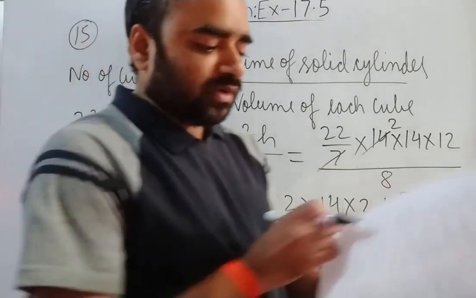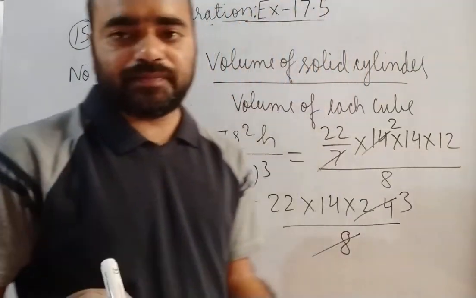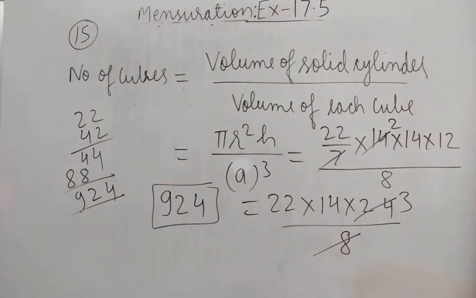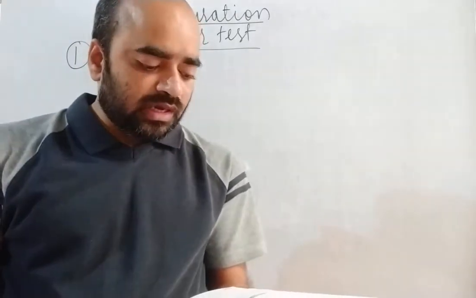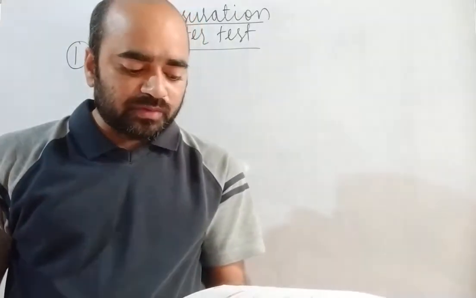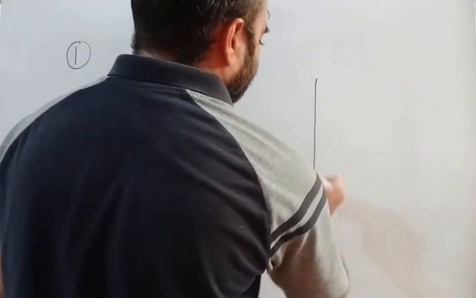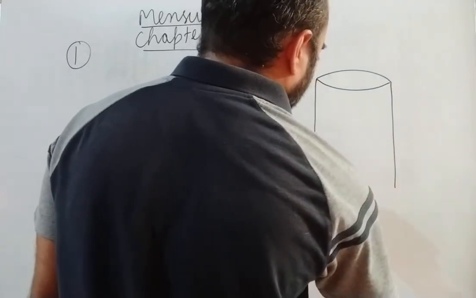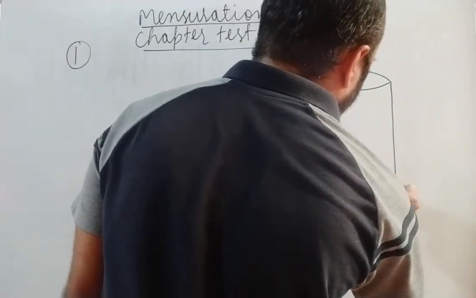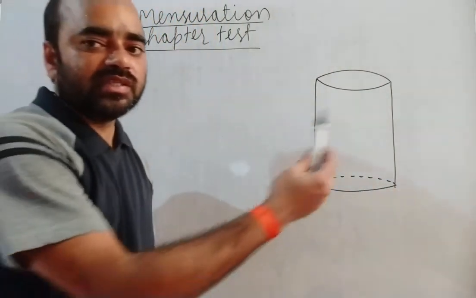17.5 is finished. Now we can solve 2-3 questions of chapter test. So very first question of chapter test. A cylindrical container is to be made of tin sheet. Container means this will be open but bottom will be closed. When I am using dotted line, dotted means we cannot see the other part.